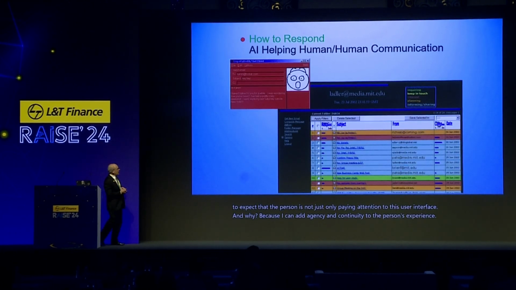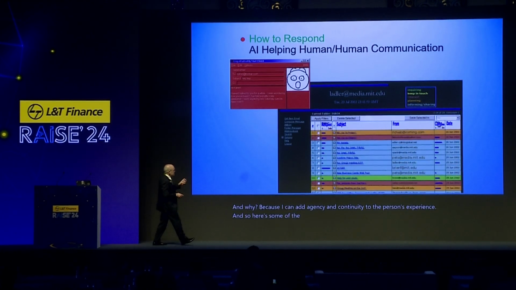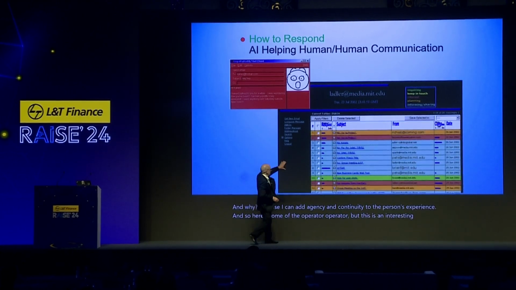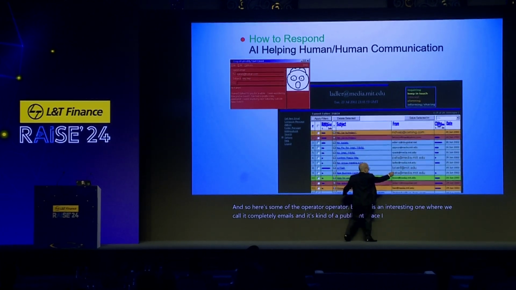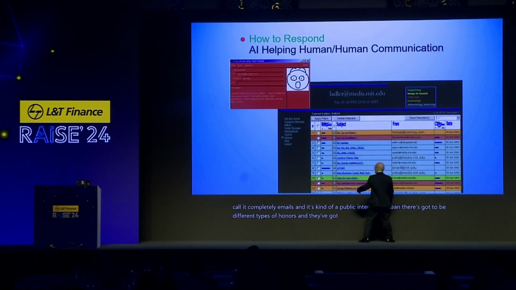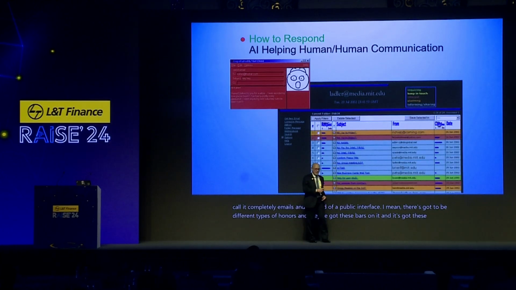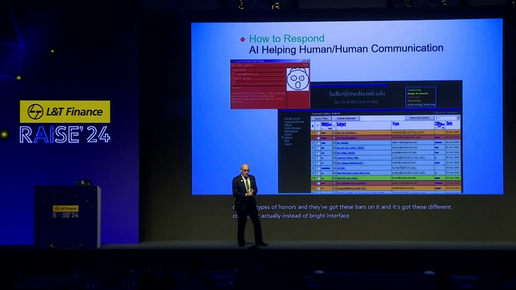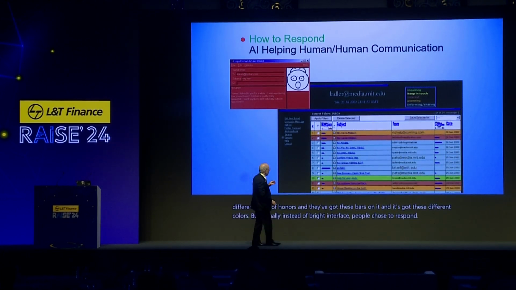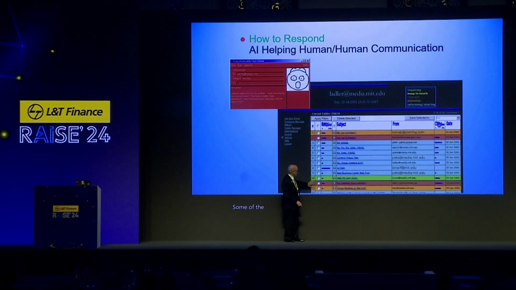Here's something I'll talk a little bit about later also, but this is an interesting one where we color-coded the emails. And it's kind of an ugly interface. It's got these different size fonts, and these bars on it, and these different colors. But actually, instead of a plain interface, people chose to respond better and faster to the emails they should when we pointed out that some of these were urgent, some of them were not so urgent, and some of them didn't matter at all.